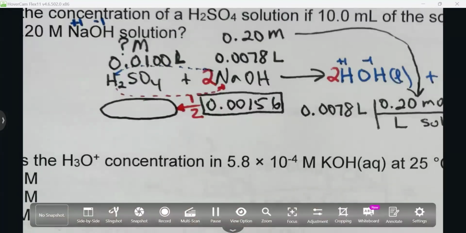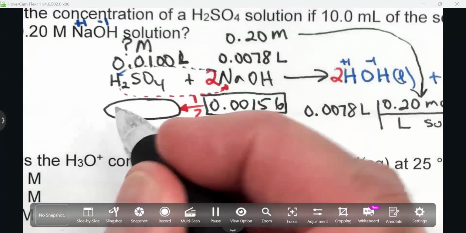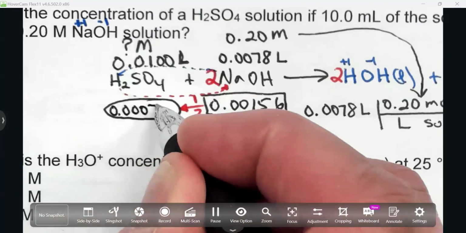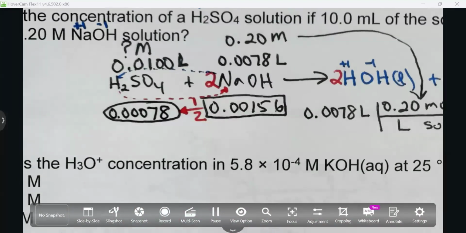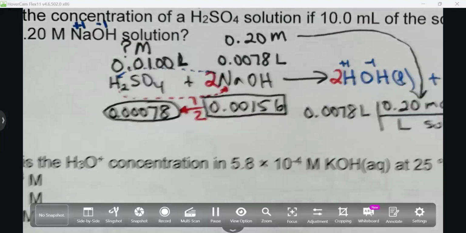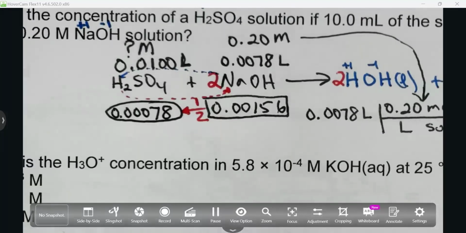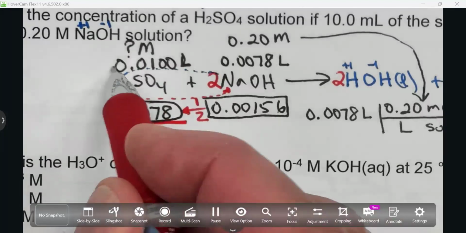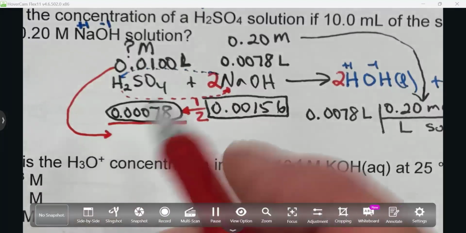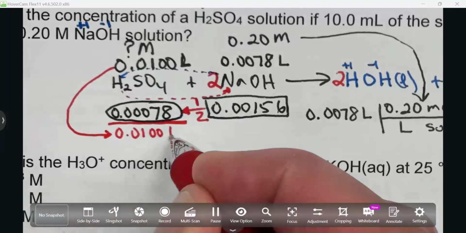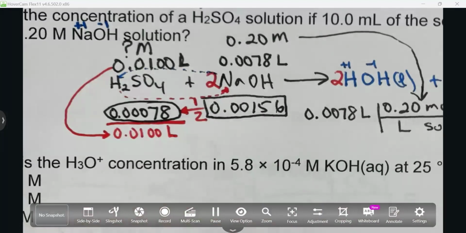It's going to take half that for moles. 0.00078 moles. I need molarity. Doesn't have to look pretty. I'm going to draw my line. Divide that by 0.0100 liters, moles over liters, and I've got it.